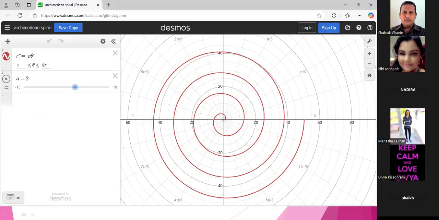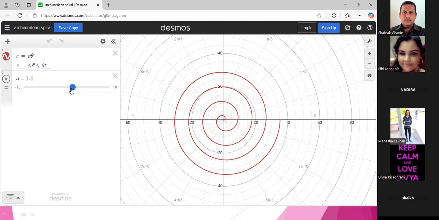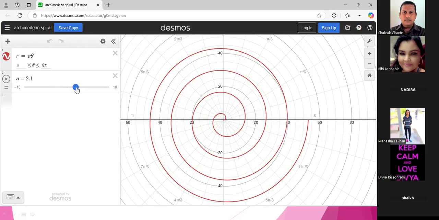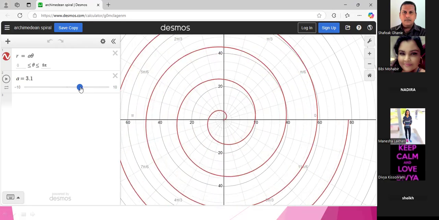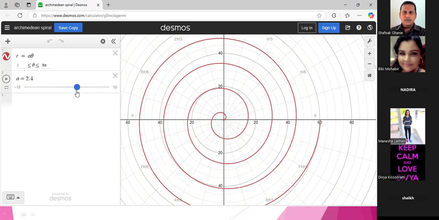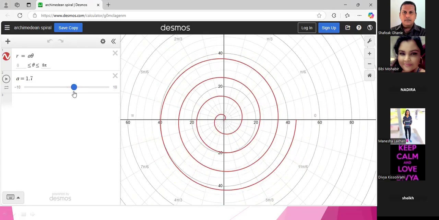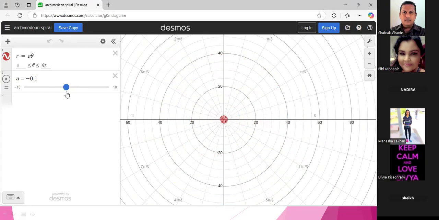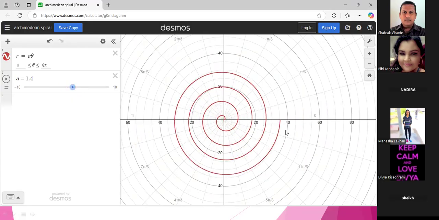So here we have the equation r is equal to a theta, and we get the range from 0 to 8 pi. Now, as you can see, when I move this a here, if I increase the value, you see that the spiral gets bigger and bigger. So the a will tell us the size of the spiral. If we go to the negative side, you see the spiral opens in the negative direction, right? Positive, you see the spiral opens to the positive side here.